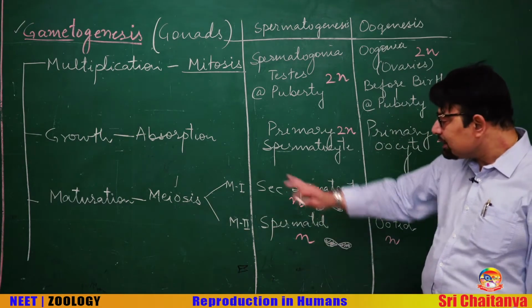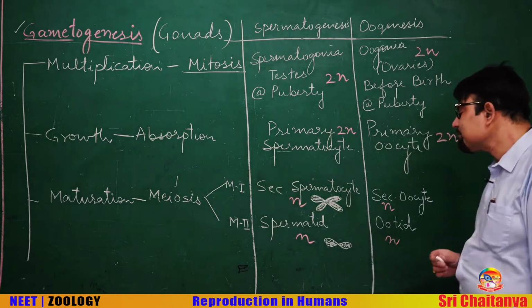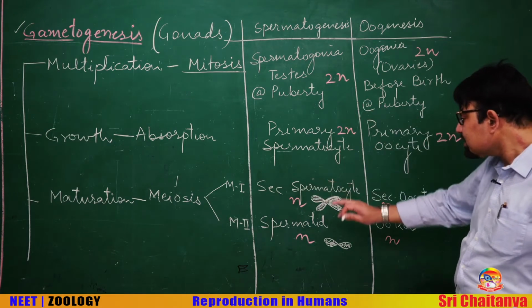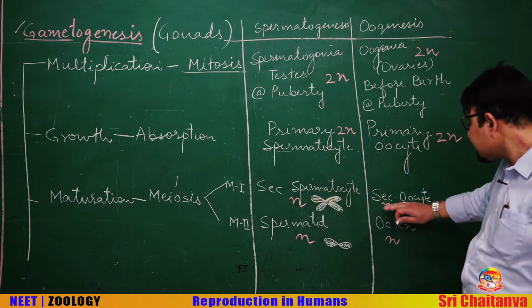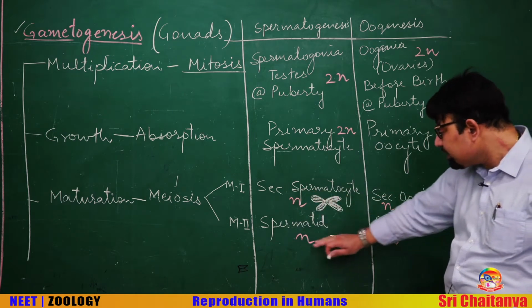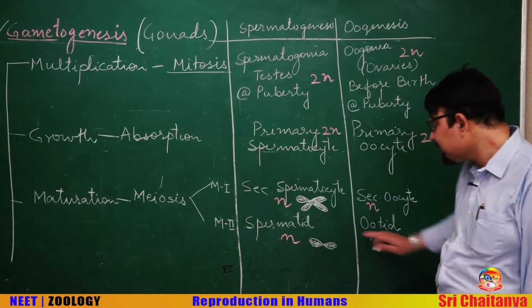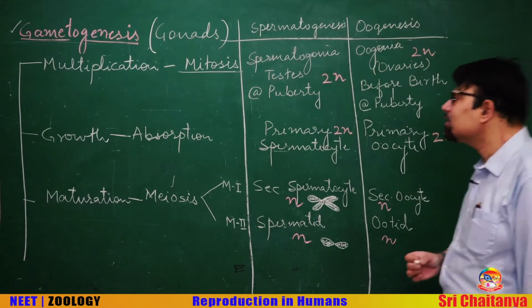You know about the details of these in the cell cycle classes. So after meiosis 1, the secondary spermatocyte and secondary oocyte, and finally after meiosis 2, the final haploid gametes are formed. So this is an outline of gametogenesis.